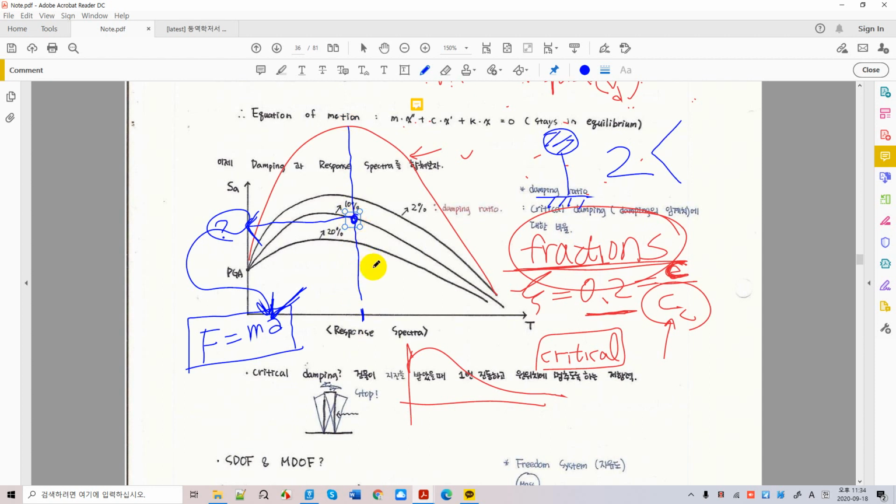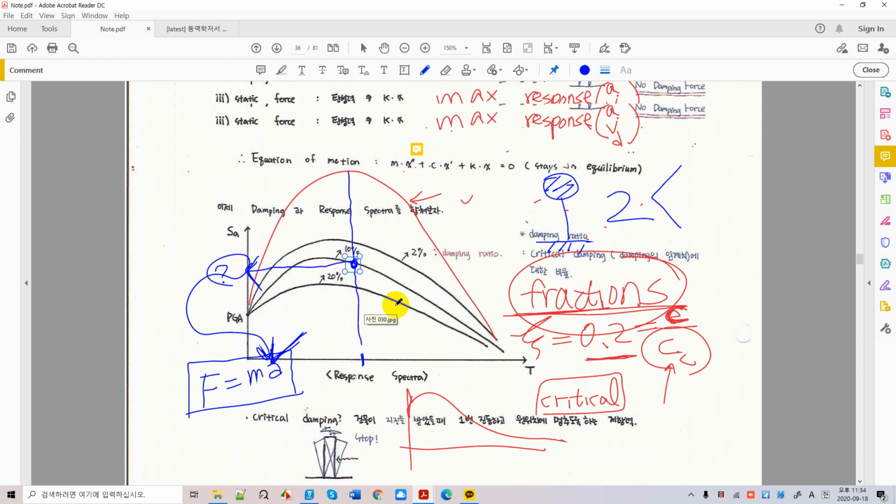So if you select your damping as 10%, then this is your curve. If you select your damping as 2%, then this is your value. So when you select 2% damping, your response is a little bit higher than on this curve, because your damping is small.